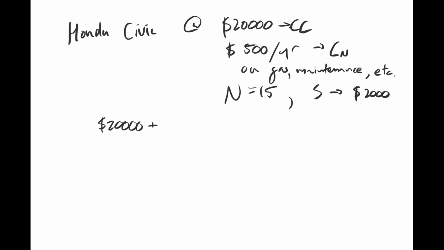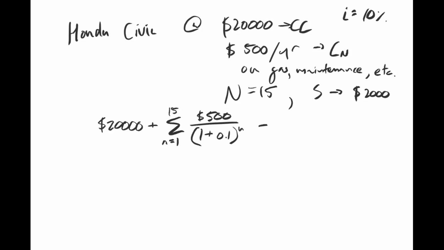That'd be 20,000 plus the sum from 1 to 15 for n, and that would just be $500 divided by 1 plus, let's say our discount rate is 10%, so 1 plus 0.1 to the n, and then minus $2,000 divided by 1 plus 0.1 to the 15th.